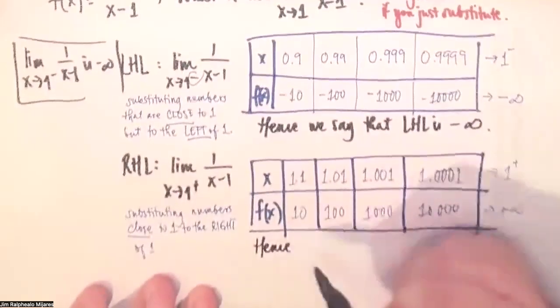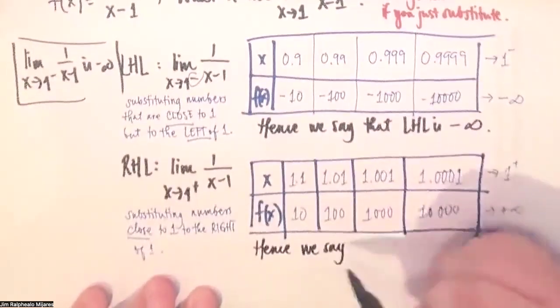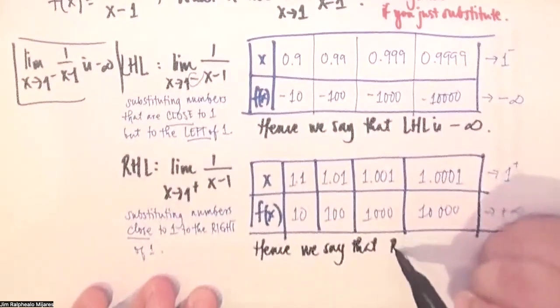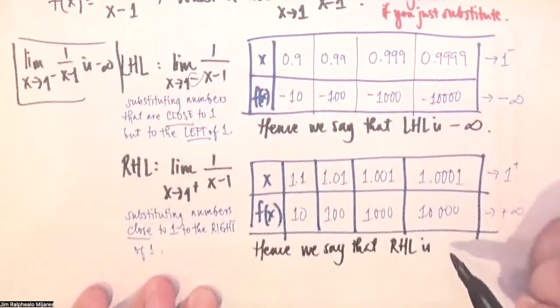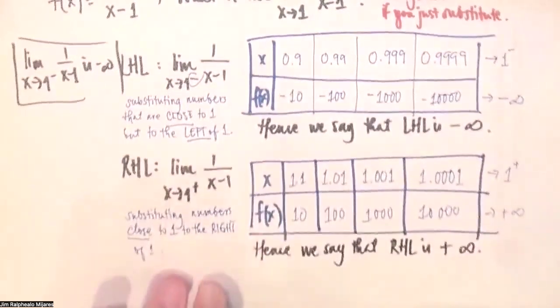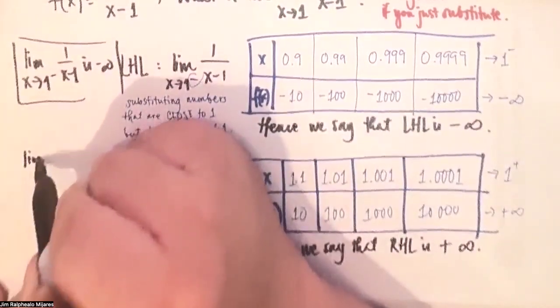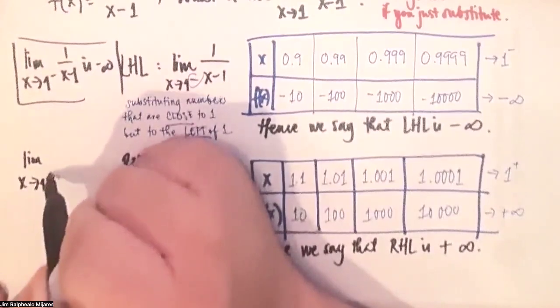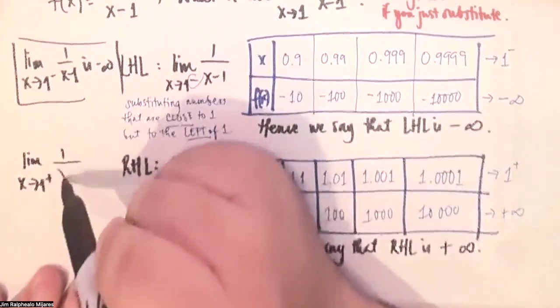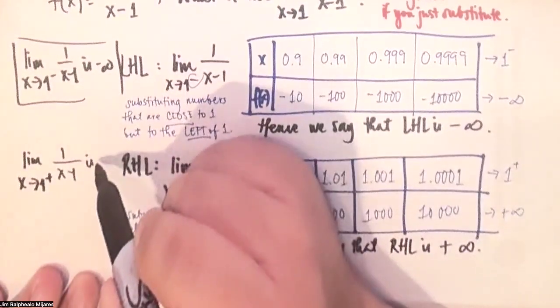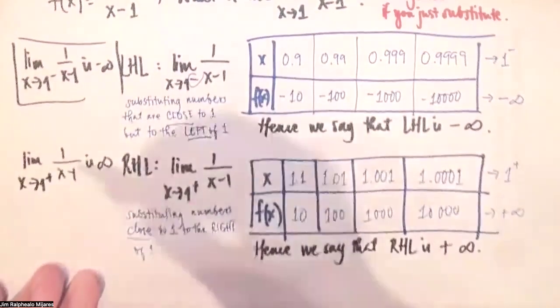Hence we say that the right-hand limit is positive infinity.